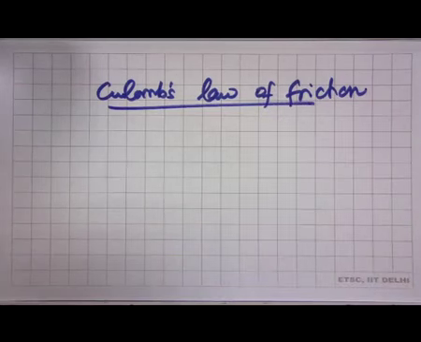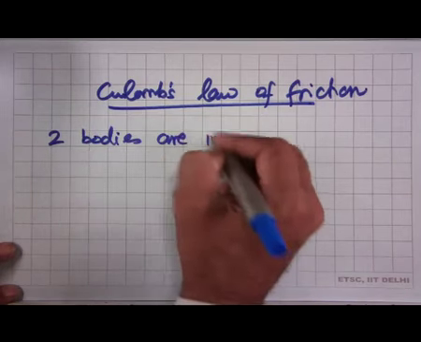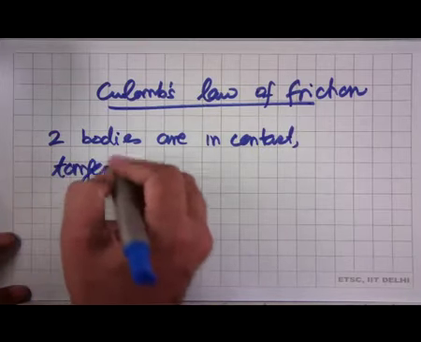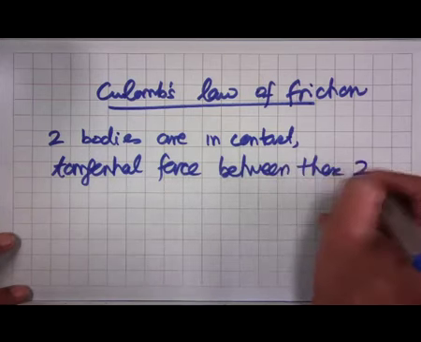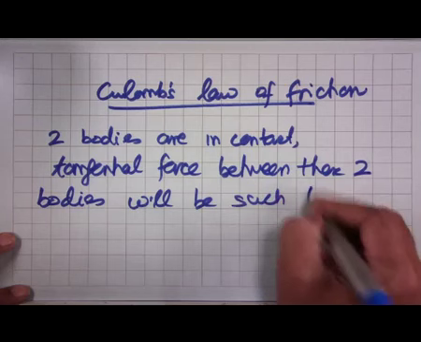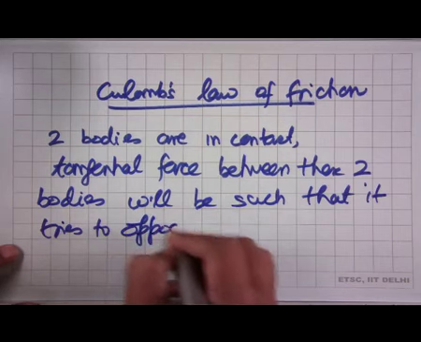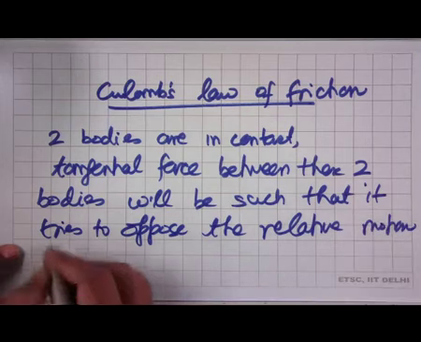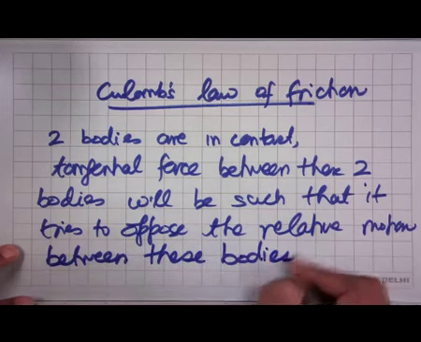And now, what this law says is that when two bodies are in contact, then the tangential force between these two bodies will be such that it tries to oppose the relative motion between these bodies.